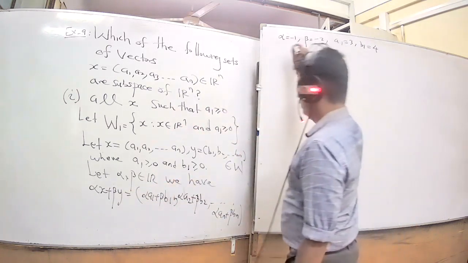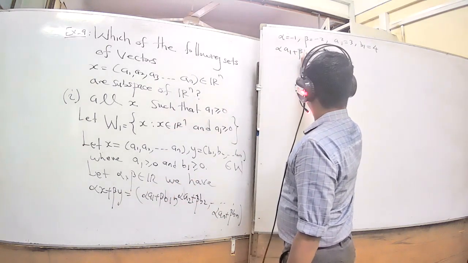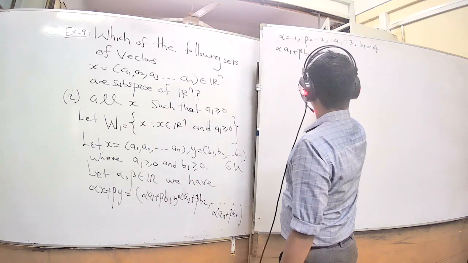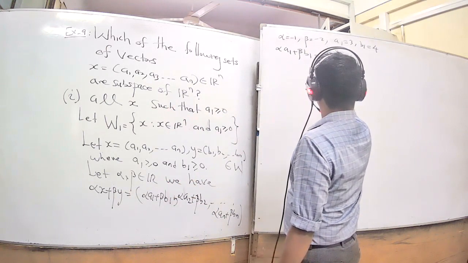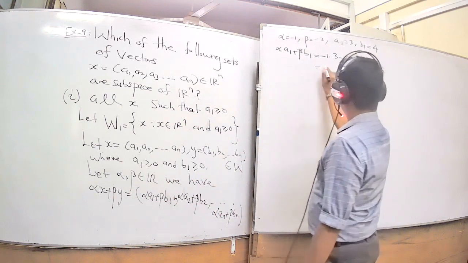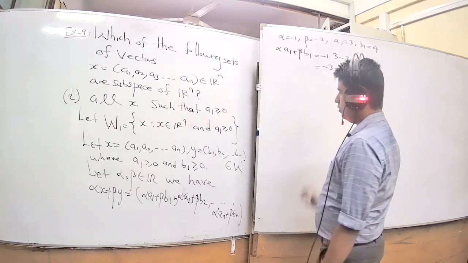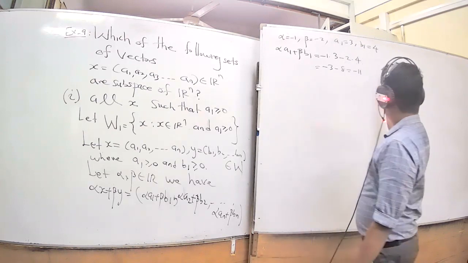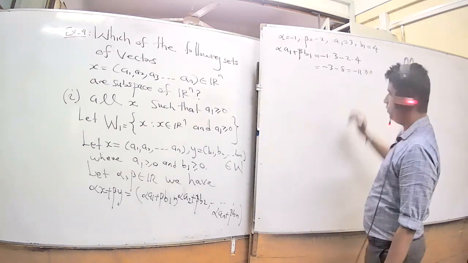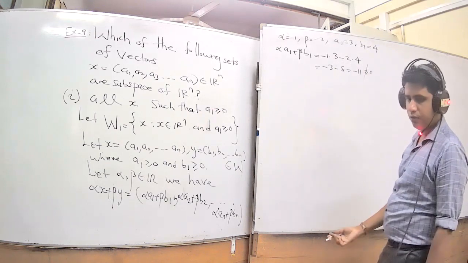So check that one: alpha a1 + beta b1. Alpha is -1, a1 is 3, beta is -2, b1 is 4. So it is -3 - 8 = -11. This value is not greater than or equal to 0; it is less than 0.